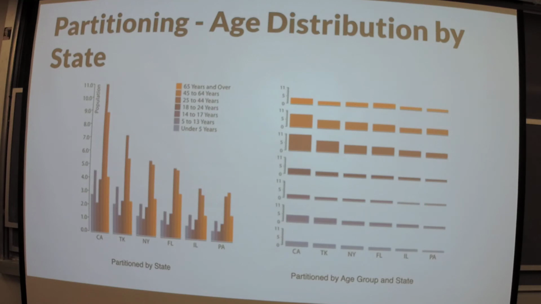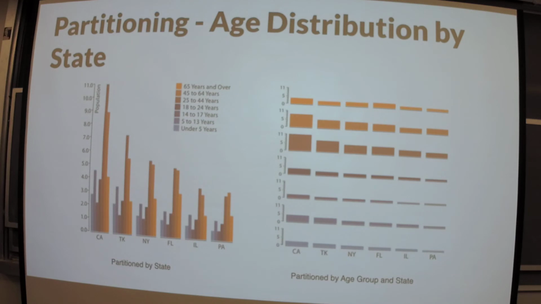So here's an example. This is a simple data set of age distributions in different states. In the left plot, this is partitioned by state. So we see the distribution. We see that the most common age is 25 to 44 years, not across all states actually, but it's pretty high in all states.